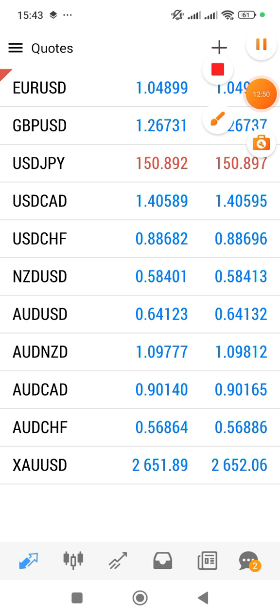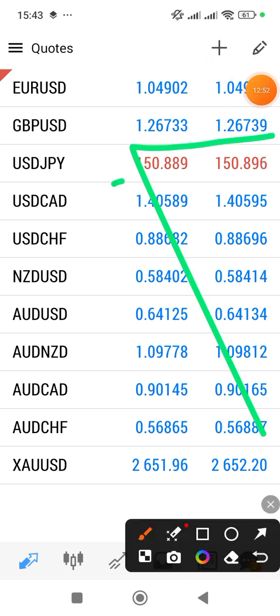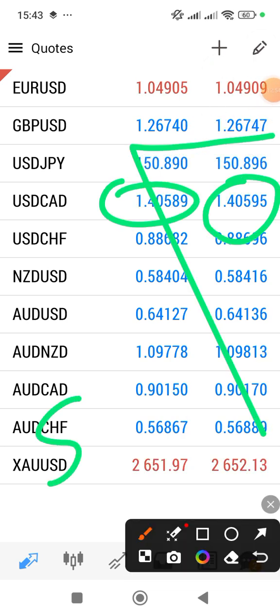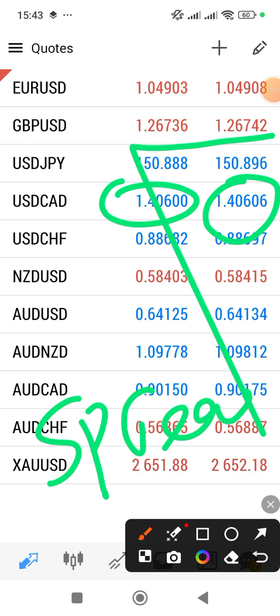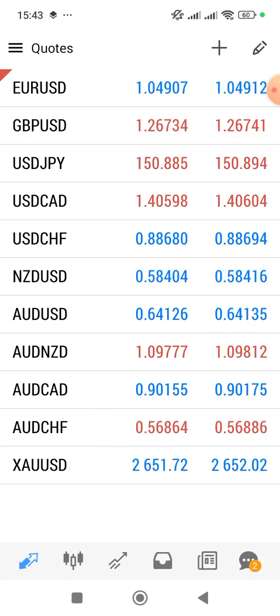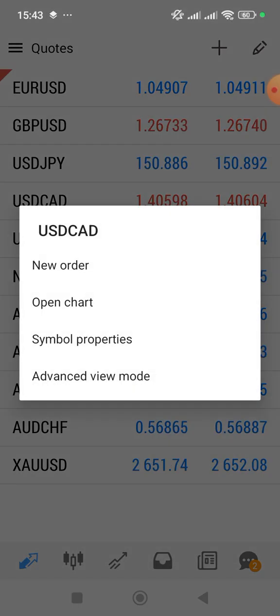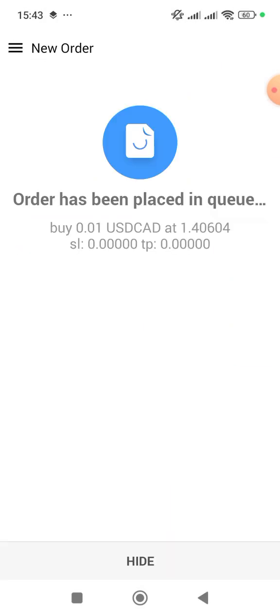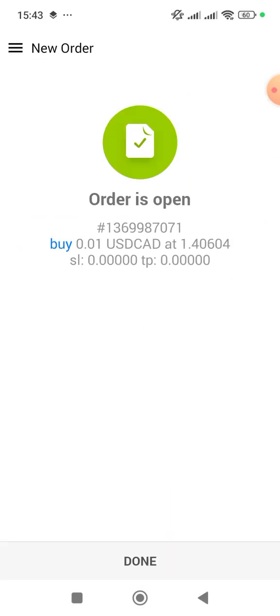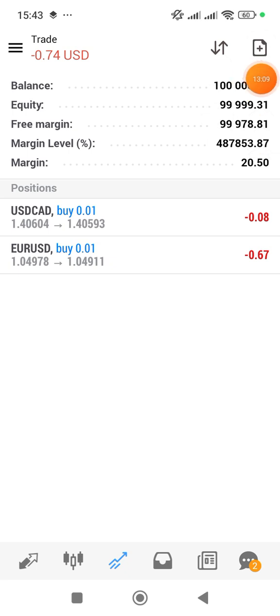So the difference between these two numbers, bid price and ask price, is what we know as spread. Spread is the difference between the bid price and the ask price, okay? If I open this trade now and click buy, you will see that it does not start in profit. Are you seeing that? It started with a loss.